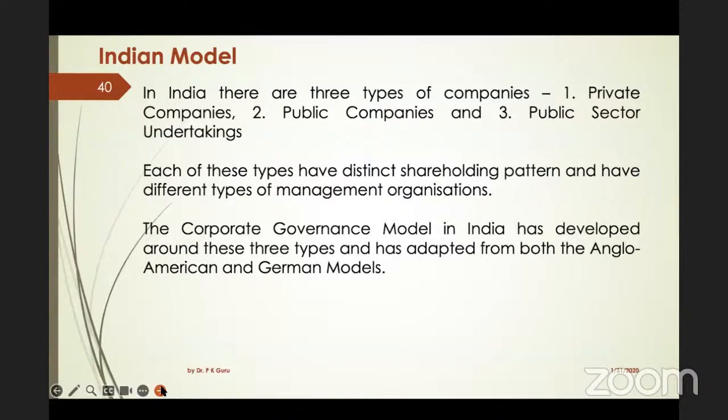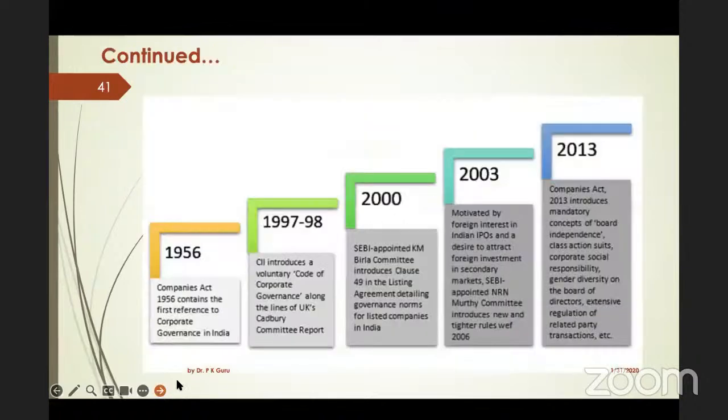But the governance model is different. The corporate governance model in India has developed around these three types of ownership, and it has adopted from the Anglo-American and German models. This is how the corporate governance structure in India has grown.